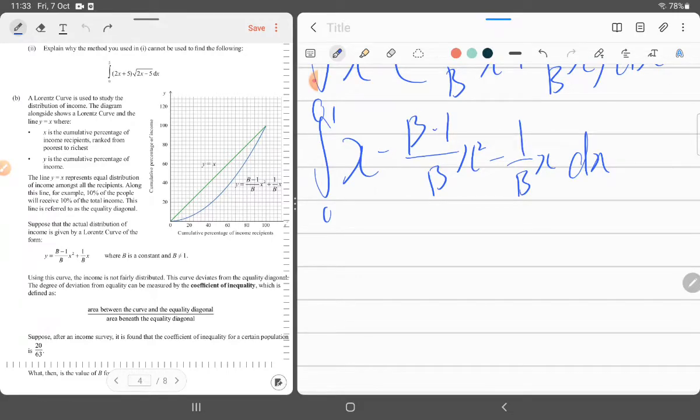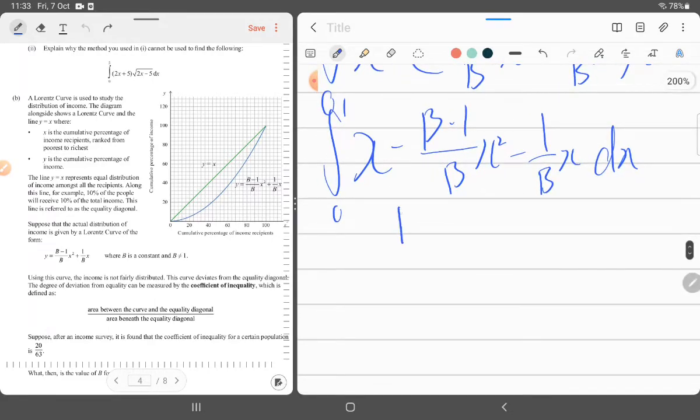We want all of it to have a common denominator, so b take away 1 over b.